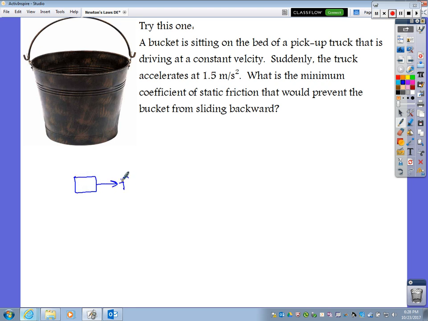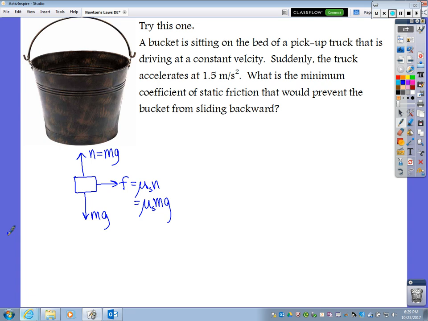So we've got friction, normal force, gravity. Like in the last problem, the acceleration up and down is 0, so the normal force equals mg. And the friction, we want the maximum friction possible, so this is going to be mu static times the normal force, which equals mu static times mg.